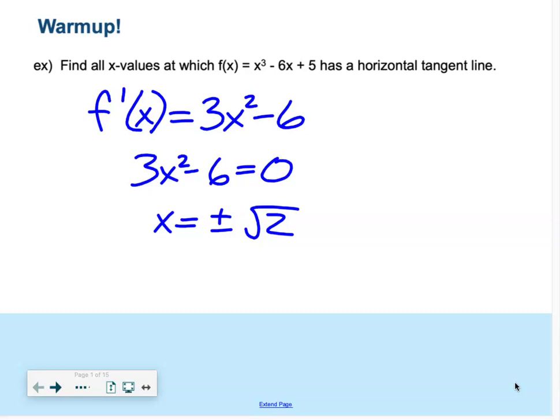Yes? So could you technically have a slope that is negative infinity or infinity, for one of these vertical tangents? Oh, vertical tangent. Okay.